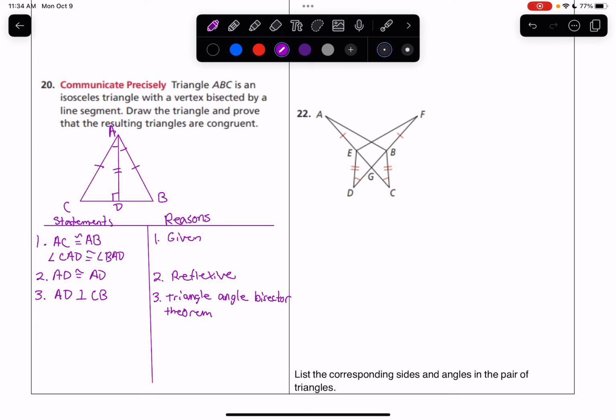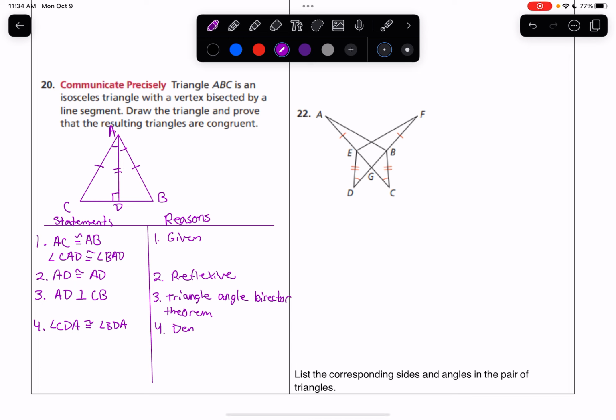All right, number 4 then, I'm going to say that angle CDA is congruent to angle BDA, because those angles must be the same based on the definition of perpendicular. All perpendicular angles are 90-degree angles.